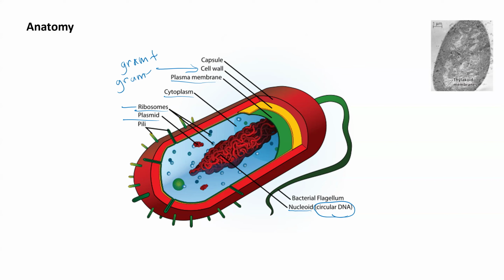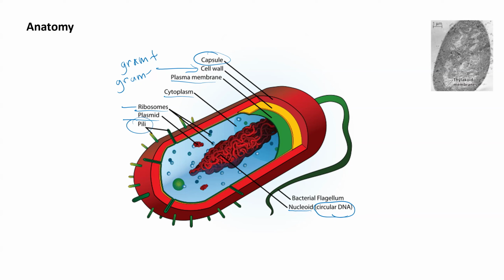We'll talk about that more in a few slides. So we've got different types of cell walls. Capsule is something that may or may not be present. It's sticky, and it allows the bacteria to adhere to surfaces. And again, not all bacteria have capsules.